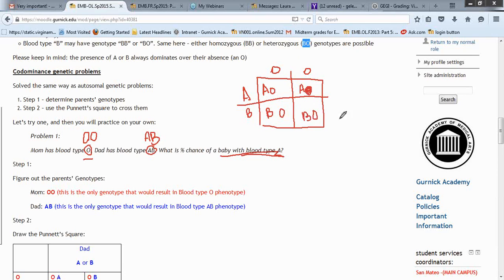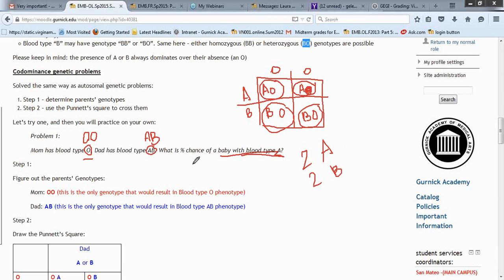Okay, so let's take a look at the phenotypes we got here. So this baby has genotype AO, so it will have phenotype blood type A, because remember O is recessive next to an A. Same thing here, blood type A. Over here we have blood type B and blood type B. So we have two babies of blood type A and two babies with blood type B. Pretty straightforward, right?